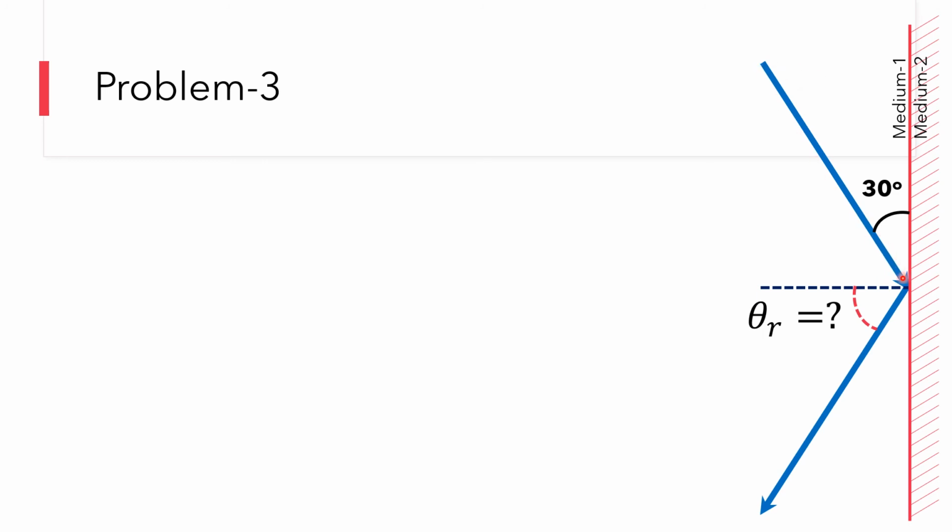This angle is not given, whereas the angle between the incident light ray and the surface, the boundary, is given. Here this is 30. We know that the angle between the normal and the boundary is 90 degrees. Out of 90, just remove this 30 degrees. So this becomes 60. If this is 60, this will be 60. Clear?